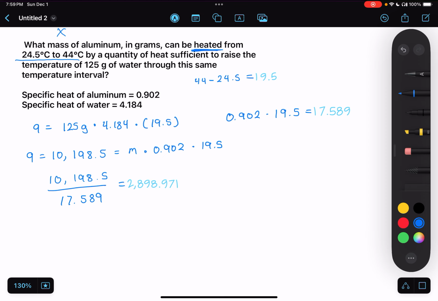Interesting. Let's do it one by one. 10,198.5 divided by 19.5 gives me 523. And then I divide that by 0.902. That gives me 579. What the heck is going on here?